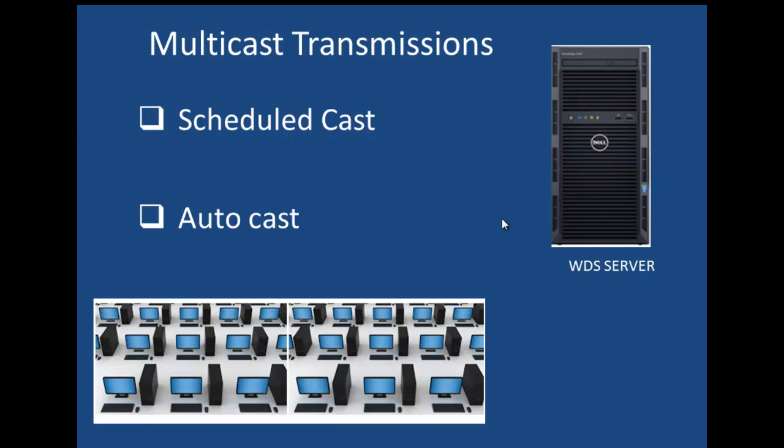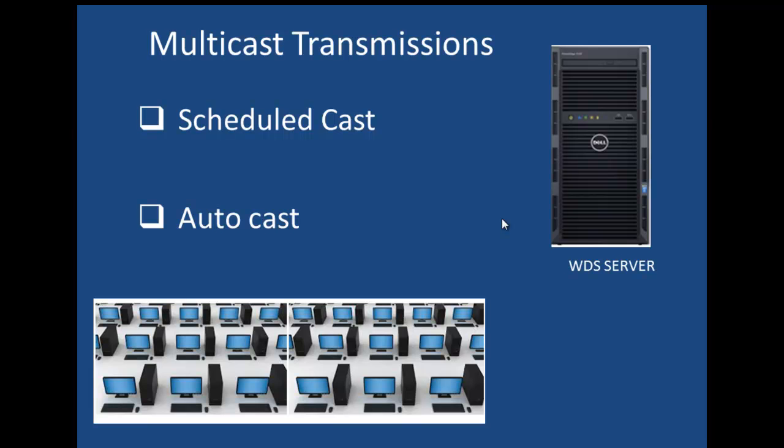However, pushing multi-gigabyte files across the network creates a large amount of traffic. By using this new multicast feature, we can further reduce the network cost of using Windows Deployment Services.